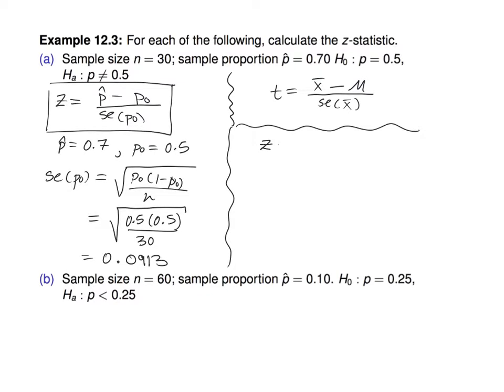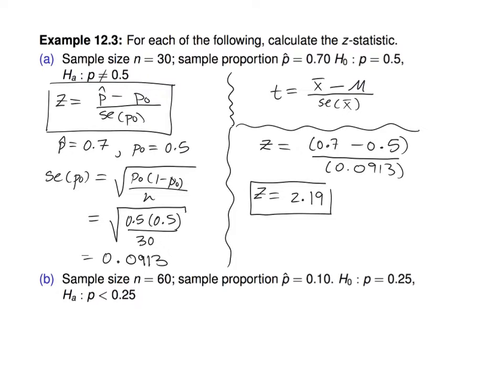So then your Z statistic is 0.7 minus 0.5 over 0.0913. Anybody dare to say what they got for that? 2.19 is what I got. So in terms of Z's, is that a little bit unusual?